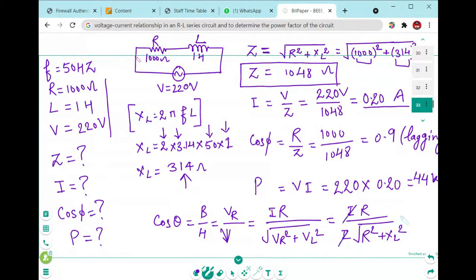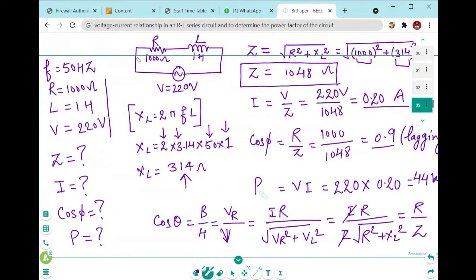I is common in both, so I will cancel out and you will find the equation is R upon the square root of R square plus XL square, that is Z. So this is the formula right here. You will put in the values of the resistor and the impedance, and you will find the power factor is 0.9, that is lagging.